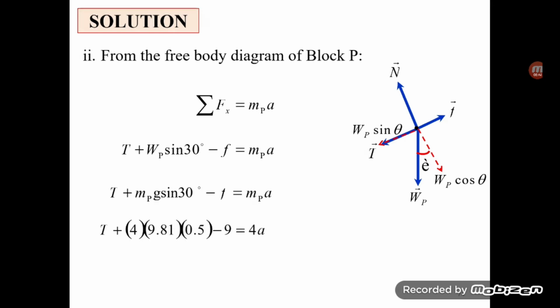Substitute the values and we get T minus 4A equals negative 10.6. So you have two unknowns here, T and acceleration. This is the first equation.